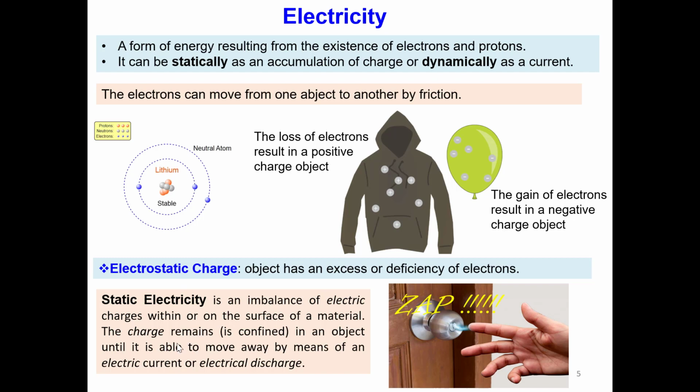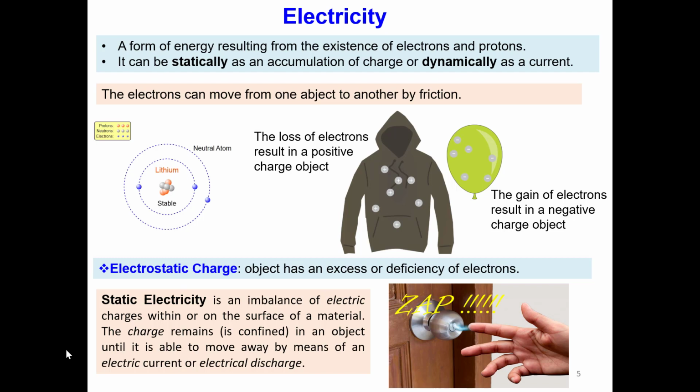And what happens in the case of static electricity? That charge will remain confined in an object until it is able to move away as an electric current or electric discharge.